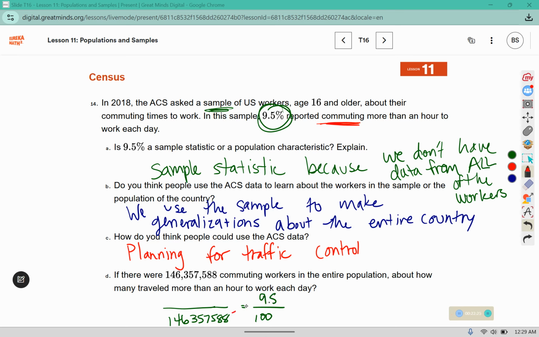So if we cross multiply and divide, that would give us an estimation of how many people commute for more than an hour to work each day. And that is about 13,903,970.8, but we wouldn't want 0.8 of a person, so we're going to round up to 971.